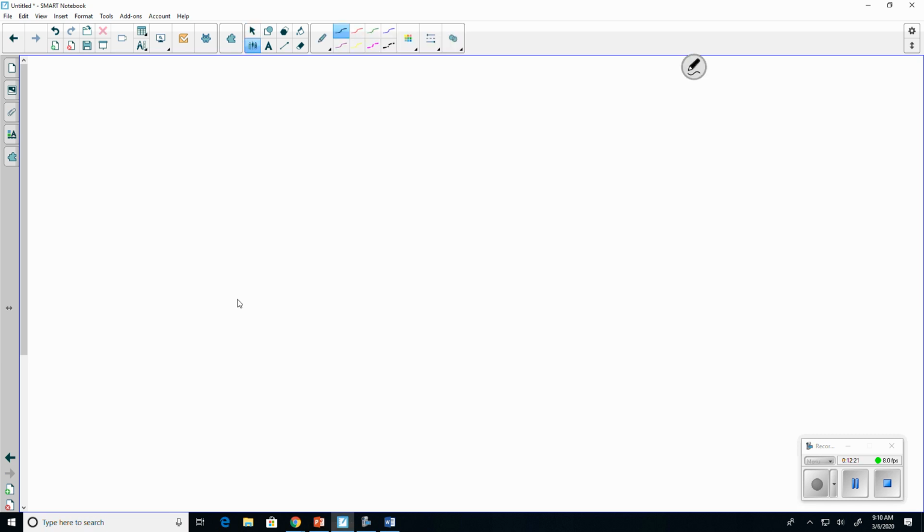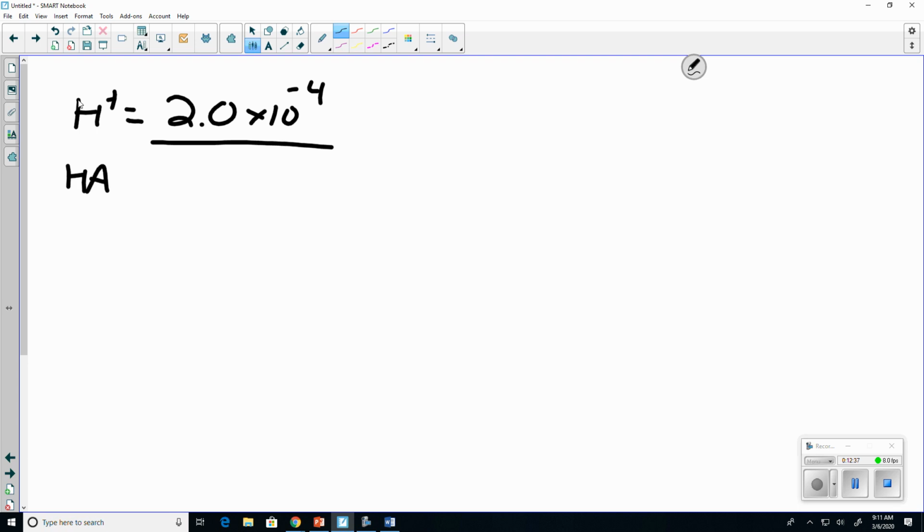So up on the whiteboard, we solved for the H plus using pH was 10 to the negative fourth. If I were to take that divided by the original HA concentration that was given to me in that WebAssign problem, multiplied by 100, that would tell me percentage how much of that acid was ionized.